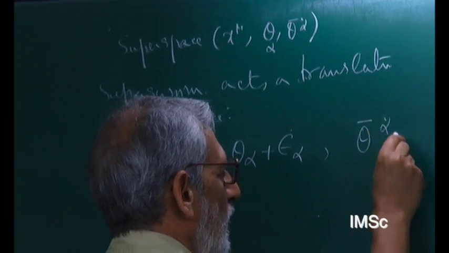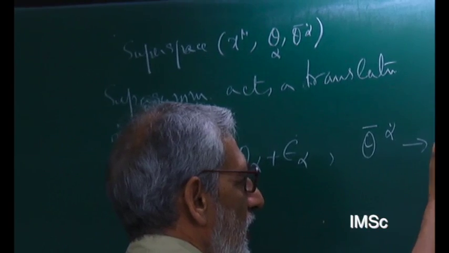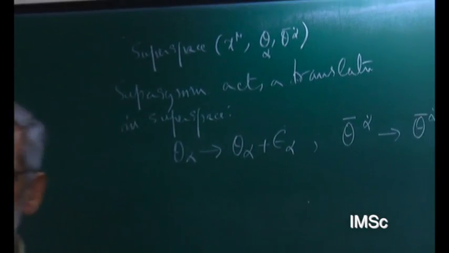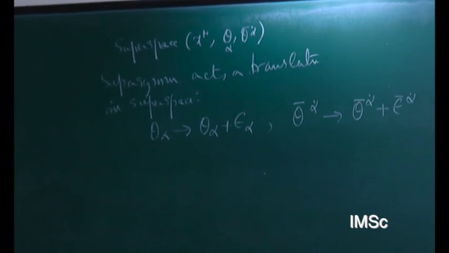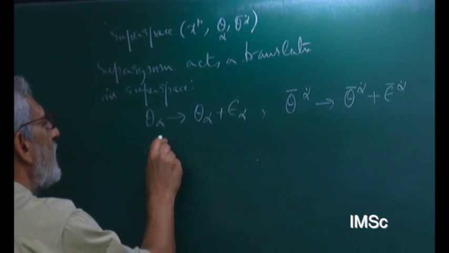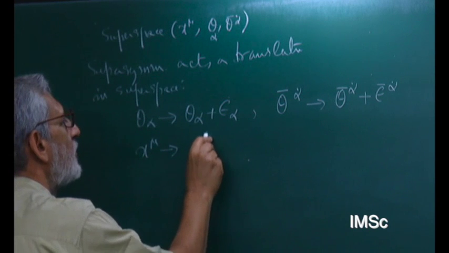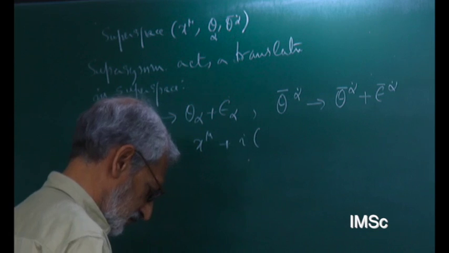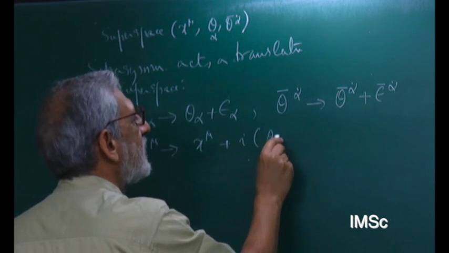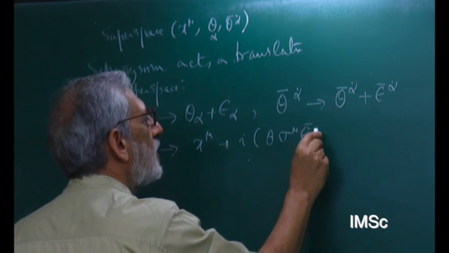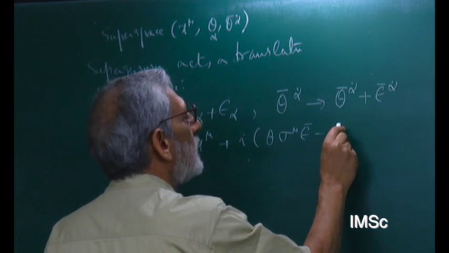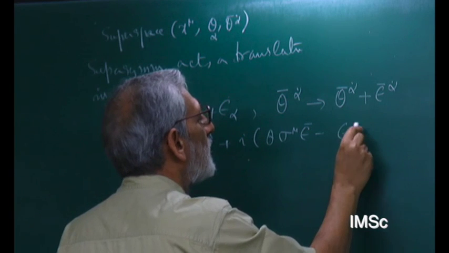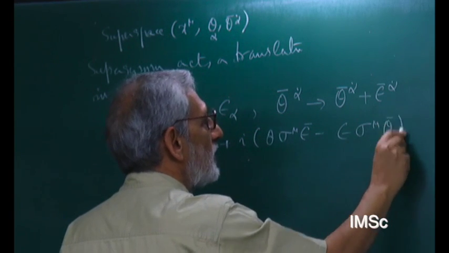Theta bar alpha dot shifts to theta bar alpha dot plus epsilon bar alpha dot. And the 4 space-time coordinates x mu shift to x mu plus i times theta sigma mu epsilon bar minus epsilon sigma mu theta bar.